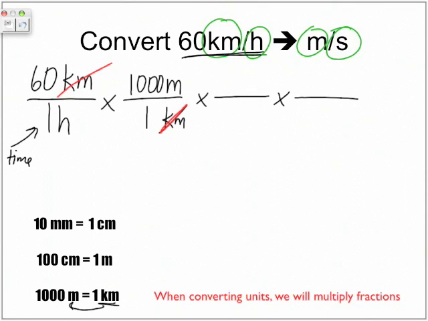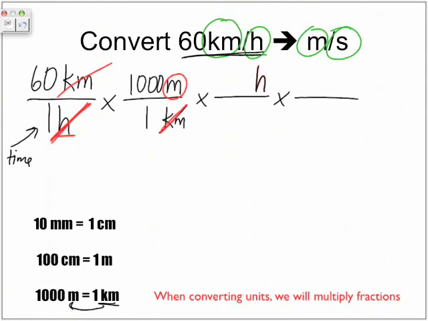If I stop here, my units are meters per hour, but I do not want hours. So I want to remove hours. But because hours is here in the denominator, for me to divide out hours, I must put hours in the numerator.